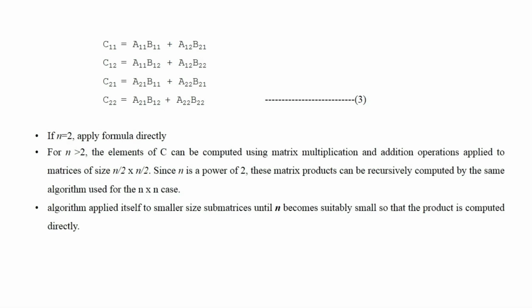Because n is a power of 2, the matrix product can be recursively computed by calling the same function used for the n cross n case. The algorithm will be applied to smaller instances, that is smaller submatrices, until n becomes small enough that you need not subdivide and can directly get the product.